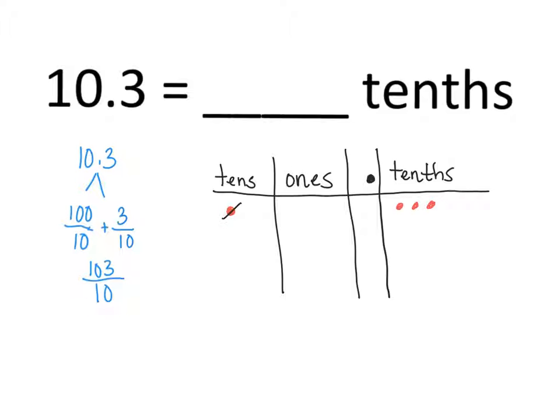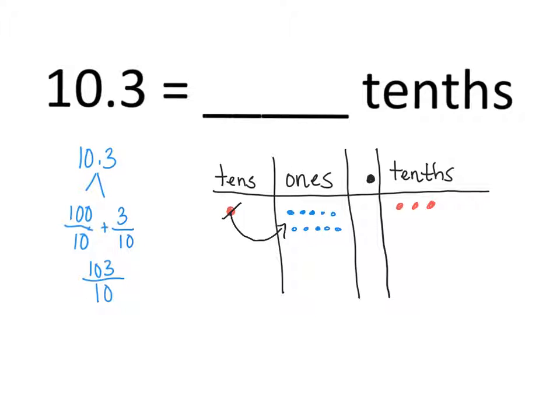So if we cash this 10 into ones, how many do we get? Well, we get 10 ones. 1, 2, 3, 4, 5, 6, 7, 8, 9, 10. Now if we're going to move it over again to the tenths, we cash in each one of those.